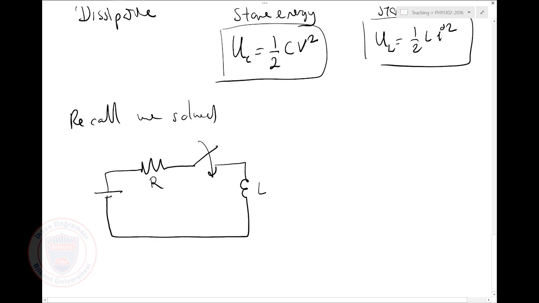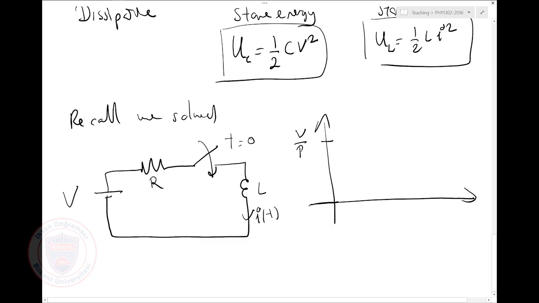When we closed the switch at time t equals to 0, what did the current through this system look like? The current through this system did not jump immediately from 0 to its final value, which is going to be V over R, but it actually reached that final value slowly as an exponential.